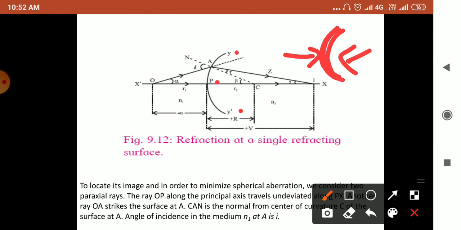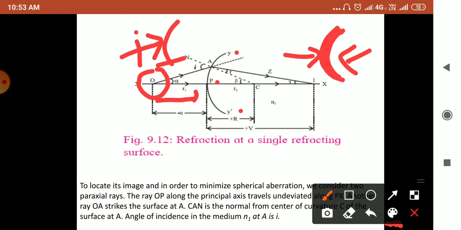But when there is any spherical surface, we have to decide whether that spherical surface is concave or convex, depending on where the object is placed in front of that curved surface, that is, from which side the light is incident on the surface. Here the object is present at O, with incident rays along OP and along OA.